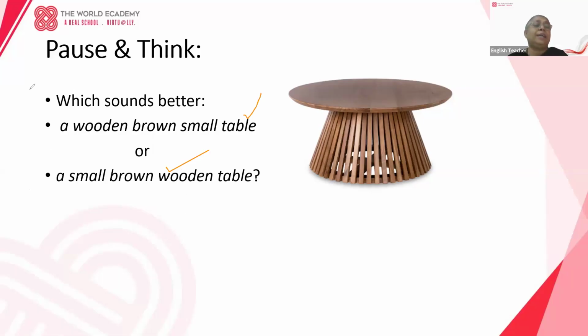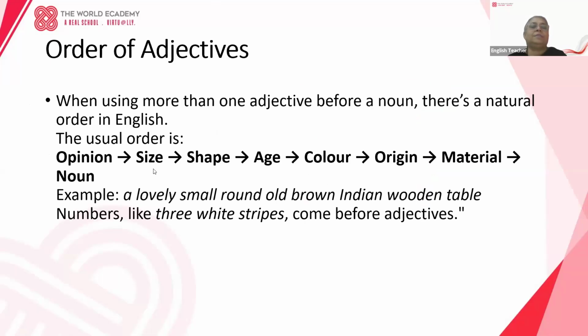What is the reason for that? Because we are following the adjective order. Exactly right. We are following this adjective order. Which one? This. Wooden was the material, brown the color.